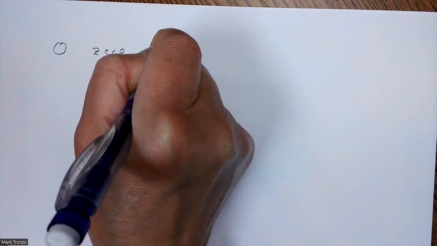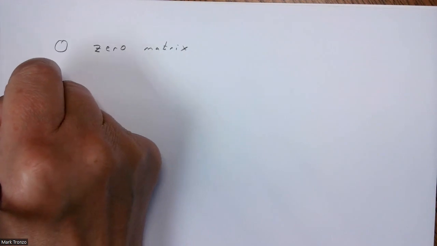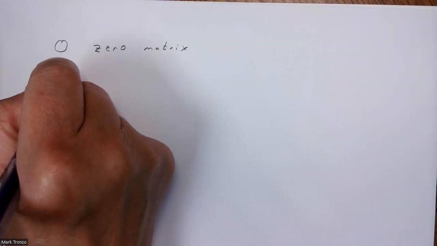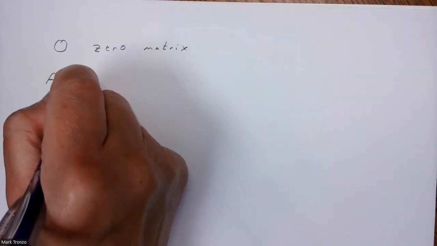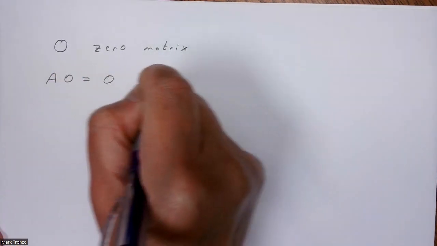And also we have the zero matrix. Whatever you multiply by the zero matrix, you always get 0. So in other words, if you take A times the zero matrix, you get the zero matrix back.